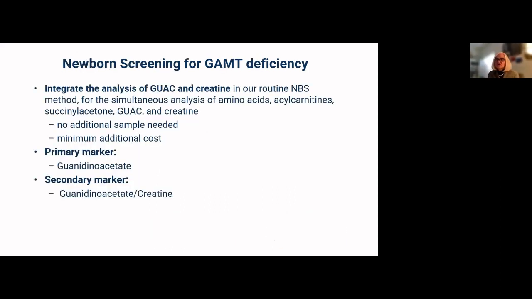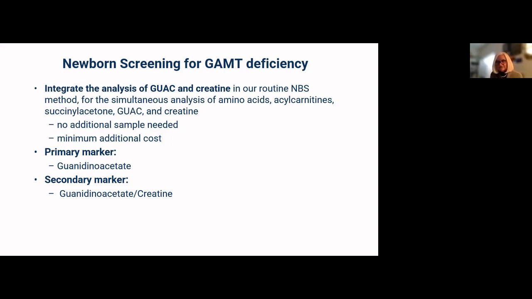So the goal, when we started working on newborn screening for GAMT deficiency, was to integrate the analysis of guanidinoacetate and creatine in our routine newborn screening method. This is possible, so we can measure these two analytes at the same time as we measure amino acids, L-carnitine, and succinylacetone. This allows us to screen for GAMT deficiency without the need for additional sample.